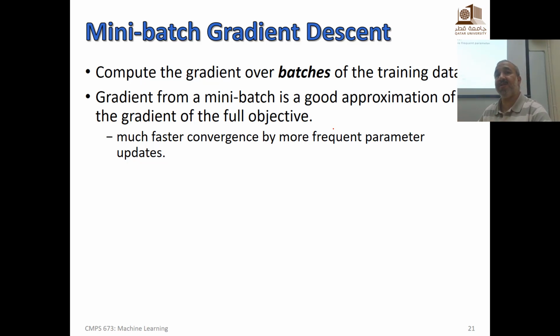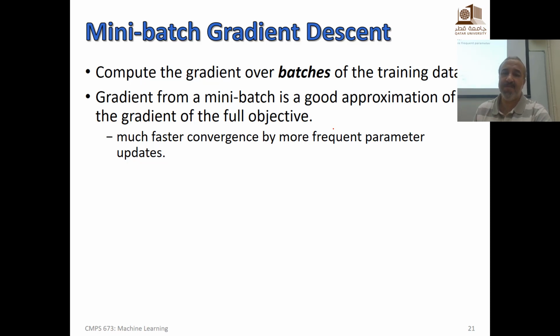We divide the training set into small batches of maybe 32, or 64, or 16 examples. Usually it's a power of 2, so that it can fit within the memory.